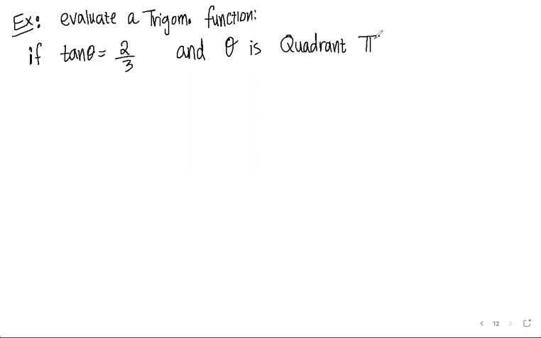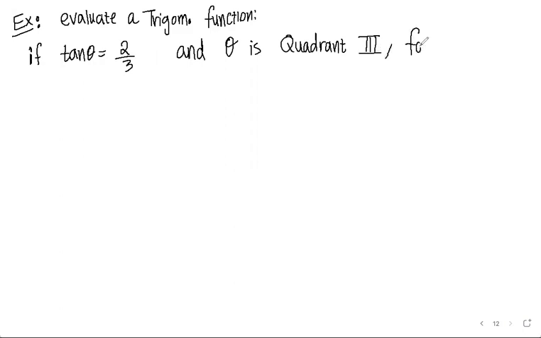So first one, if the tan of theta is equal to 2/3, and theta is in the third quadrant, find the cosine.